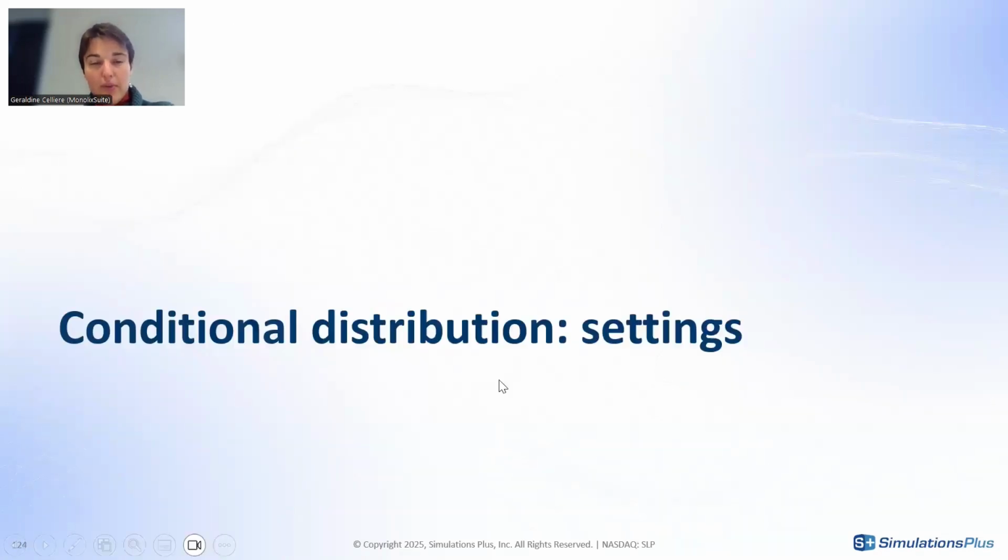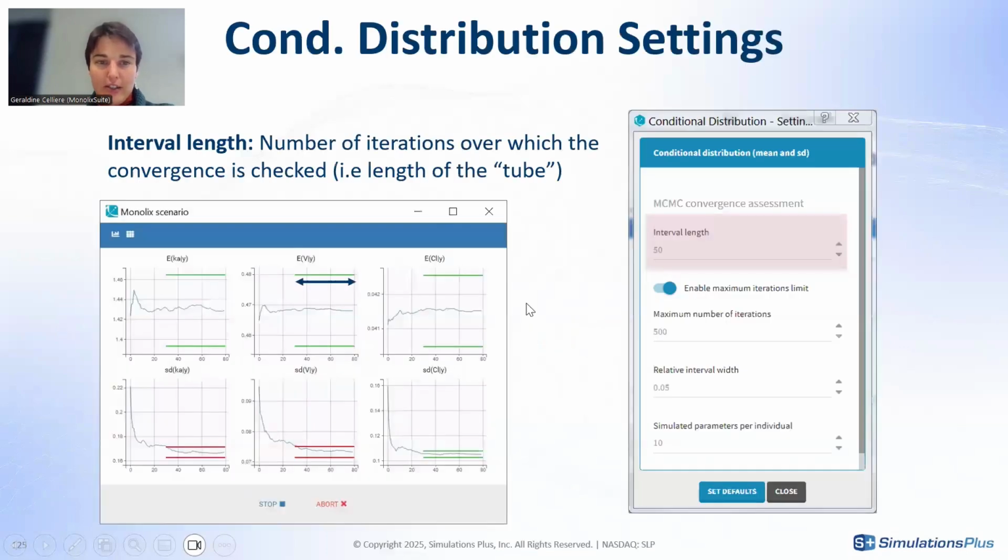All right, so now that we have a bit understood how it works, let's check the settings. The first setting is related to the stopping criteria. It is the interval length.